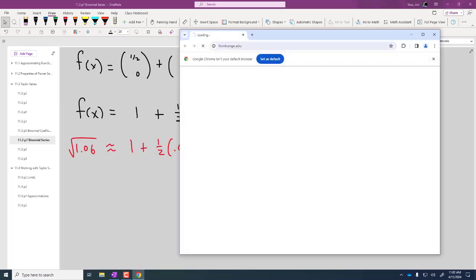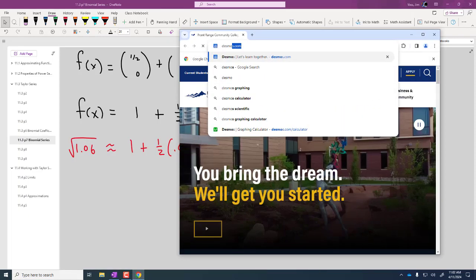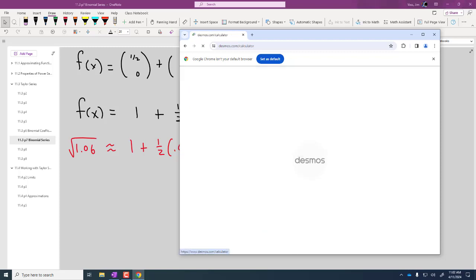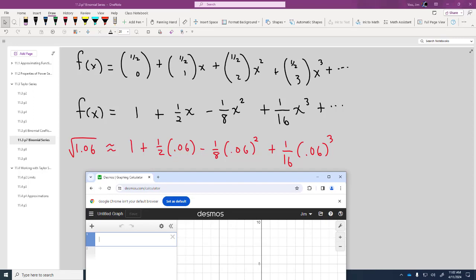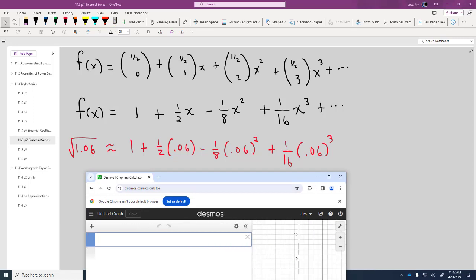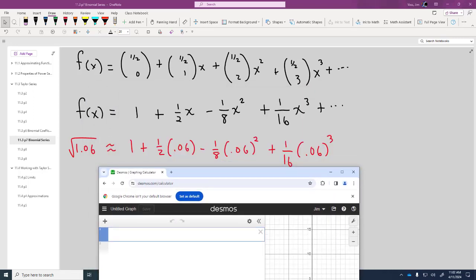Let's go to Desmos for a second. One thing in Desmos, you know you can do summations in Desmos, right? I can't remember if we've done that or not. My mind, I didn't sleep enough last night. Now we can't write a series, we don't know a sub k here, so we just have to type this out.